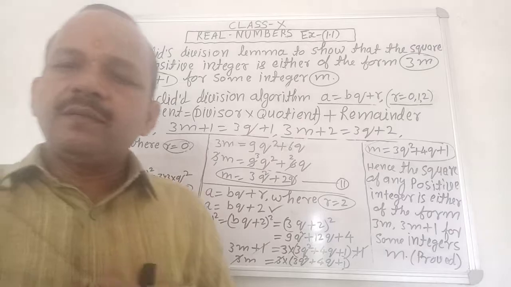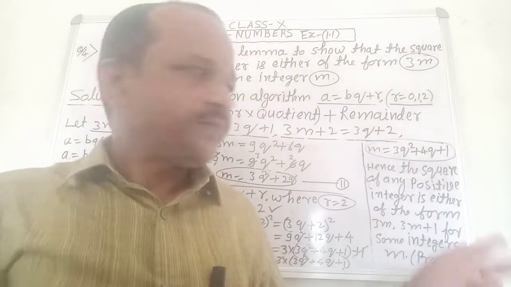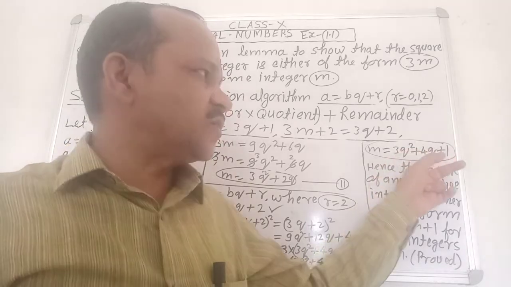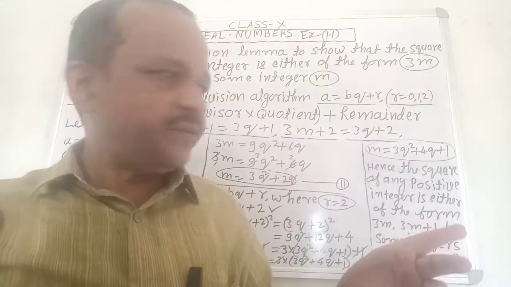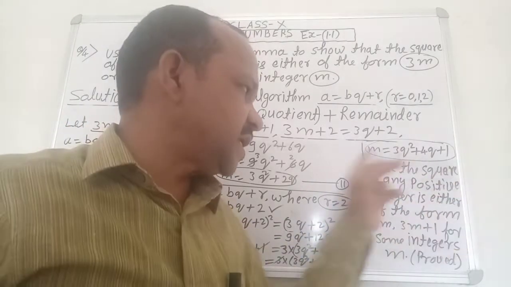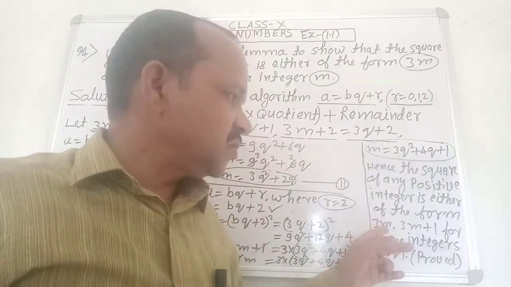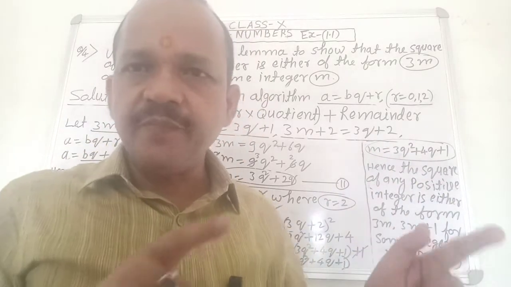You find the value of m in the third step. Hence the square of any positive integer is either of the form 3m or 3m plus 1 for some integer m.